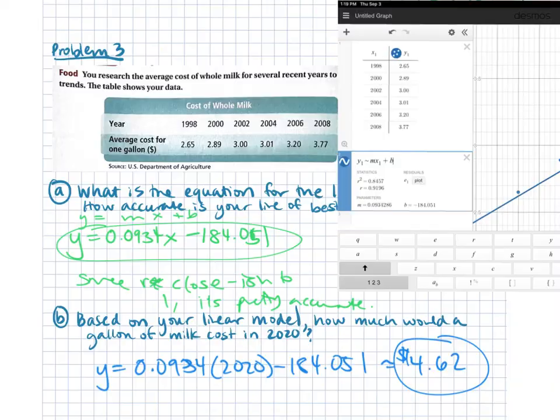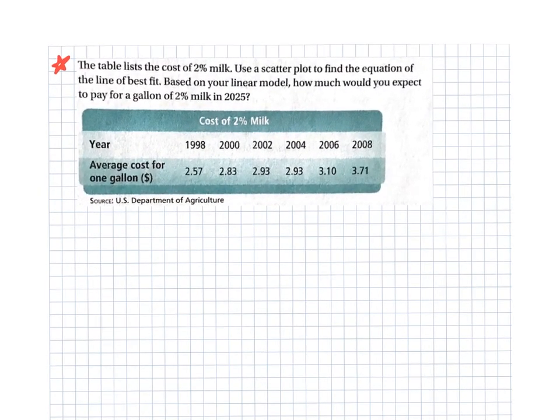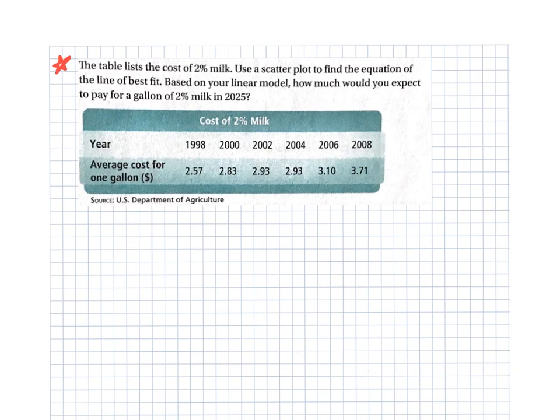Okay, so now there's one for you to try on your own. So press pause, get out your Desmos. So maybe if you're watching this video while you're on your iPad, you can pull up your Desmos from the bottom and put in your table and change the axes so you can see the line, and then go into your y equals mx plus b, just like the video showed.